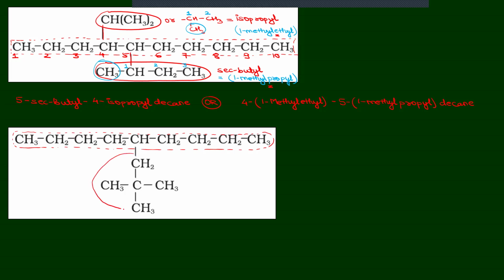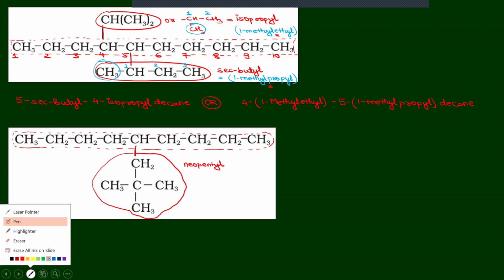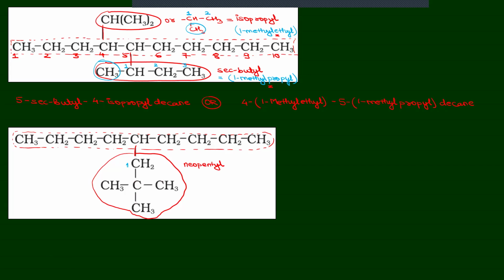Do we have a common name of this substituent? Radical on CH2, primary, and 2 carbons branched on the second carbon of the straight chain. Neopentyl. Perfect. It's a primary with a 2 carbon substituent on the second carbon, so it's neopentyl. And if I ask you the IUPAC of neopentyl, then we have done this. 2,2 dimethyl propyl. Perfect.